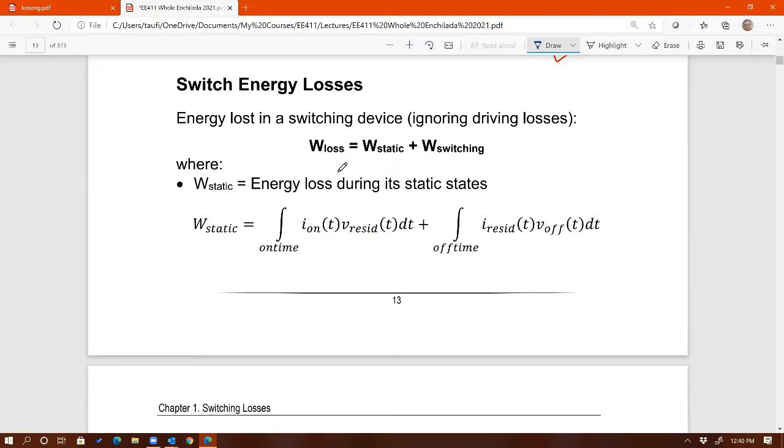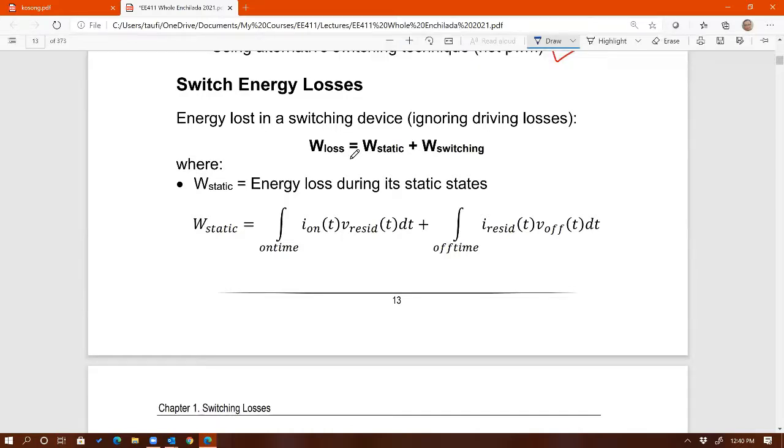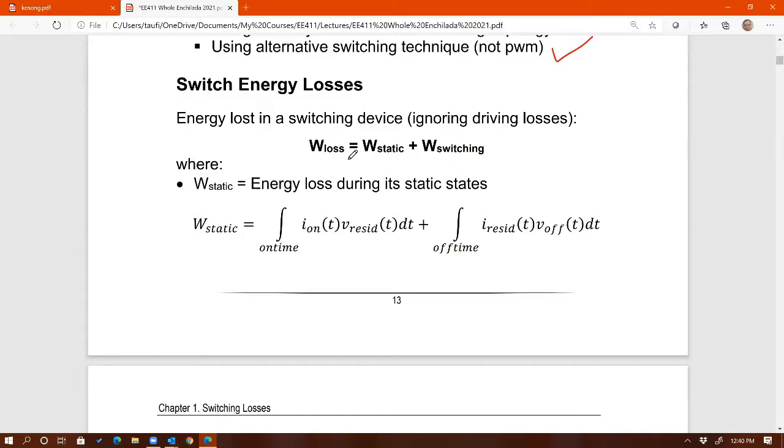In general, device loss, in our case the switch, consists of three different losses: static, switching, and driving loss. I'm going to ignore driving loss for now to simplify our analysis. I could simply add it, but right now I'm just going to ignore it.